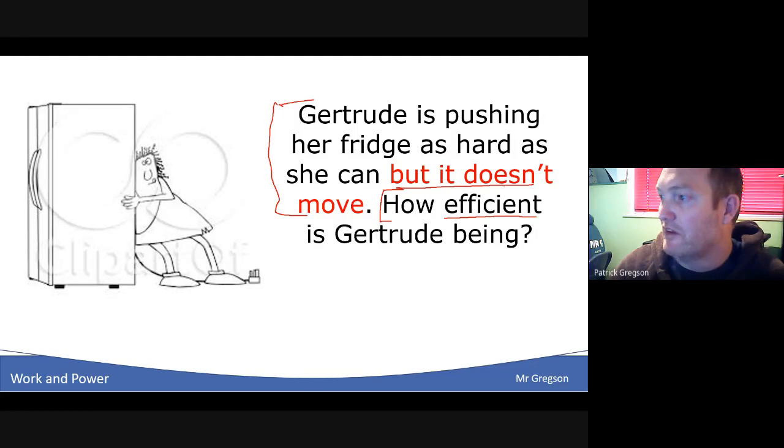Okay, this is the key thing. It's in red. Doesn't move. Remember I said if anything is times 0, the amount of energy transferred is 0. So she's applying all this force, and we got all sorts of answers. We got 3% and 10% and 20%. And people were just making up random numbers. The answer, of course, 0%.